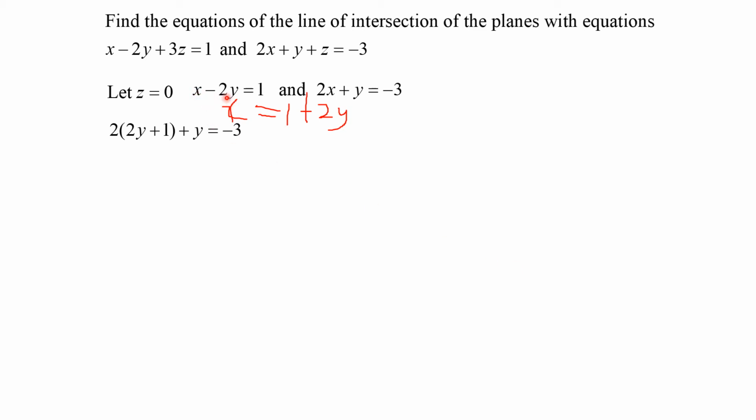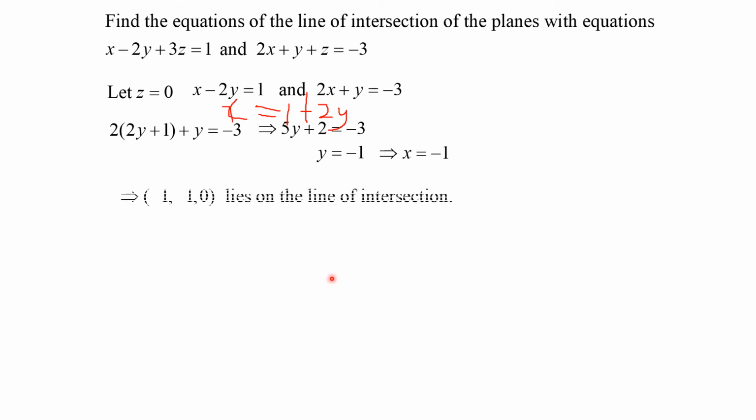So it becomes 2 times (1 plus 2y), plus y equals negative 3. So I solve my y, and then you can solve your x. So you will get the point of intersection. Do not forget the z as 0. Do not just write your point as x and y. It has to be x, y, and the initial assumption z is 0. Right, so this is your point of intersection.